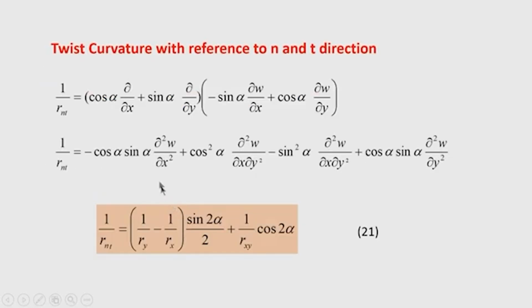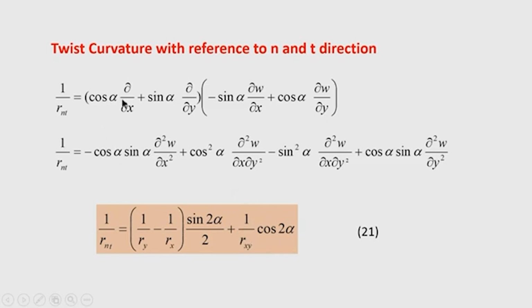Okay. Twist curvature with reference to n and t direction can be obtained as 1/r_nt = (cos α ∂/∂x + sin α ∂/∂y)(−sin α ∂w/∂x + cos α ∂w/∂y), and after simplification the final expression becomes 1/r_nt = (1/r_y − 1/r_x) sin 2α/2 + (1/r_xy) cos 2α.